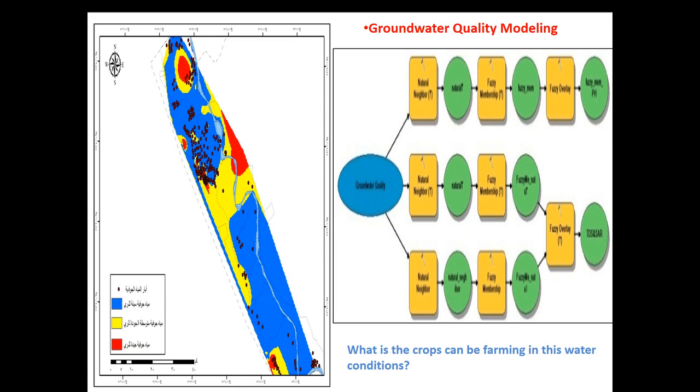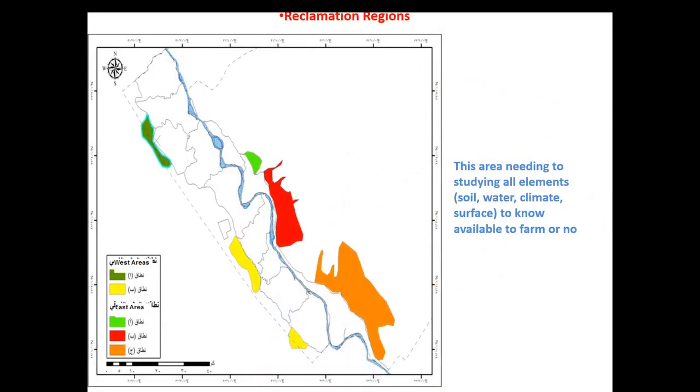As we said before, we can study the geology and surface forms. From this study we can reach two goals. Our goal is reclamation. But there is a problem in this area.